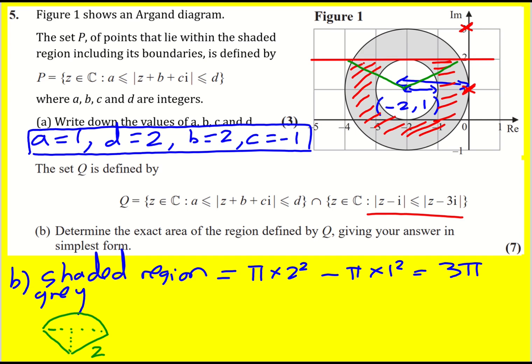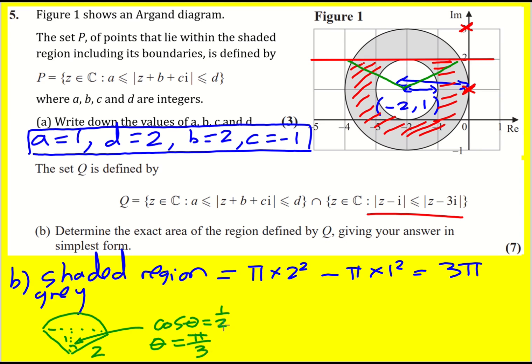This is not a right angle triangle, but I can split it down the middle and turn it into 2 right angle triangles. So this is 2. No, sorry, that is not 2, but that here is 1. So if I want to find the angle, it's going to be tan, not tan at all. It's going to be cos of the angle is equal to 1 over 2. And then we can just do inverse cos, and that gives us pi over 3.